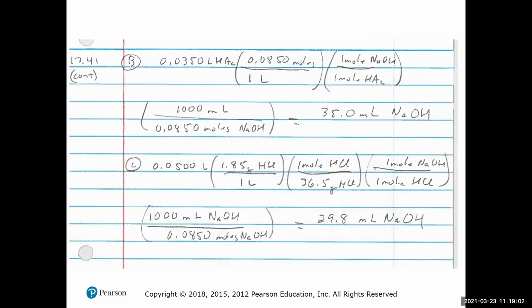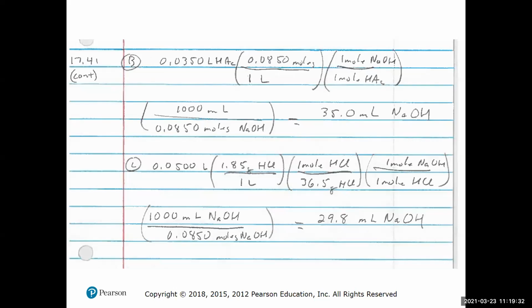So we have our mils into liters, 0.05 liters. We know it's 1.85 grams of HCl per liter. So now we're in units of grams of HCl. This is where we're going to use our molecular weight of HCl being 36.5 grams per mole. And that molecular weight value allows us to then change that grams of HCl into moles of HCl.